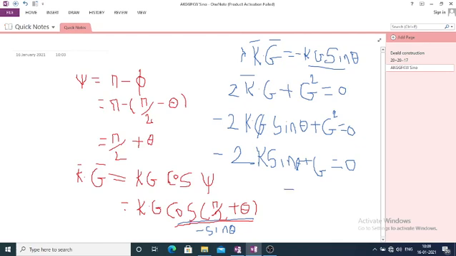So we get g is equal to twice k sin theta. So twice k sin theta is equal to g.